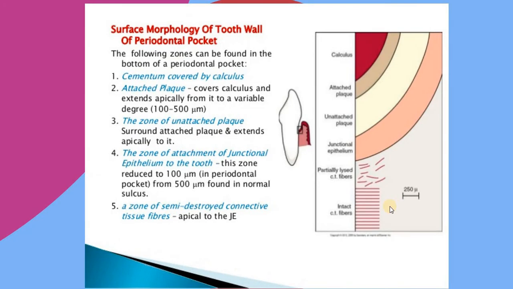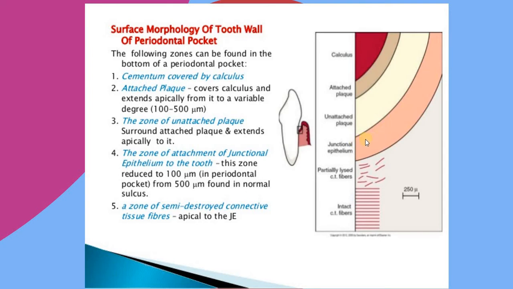So on the root surface, the morphology of the root surface of the pocket wall will be covered by 5 layers: a layer of calculus, and a layer of attached plaque which covers the calculus, and a zone of unattached free plaque, free bacterial aggregation, and a zone of attached epithelium.